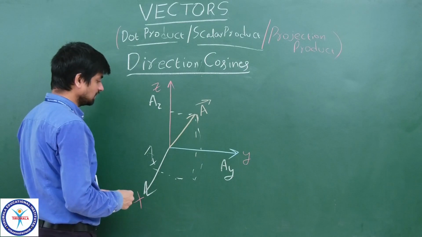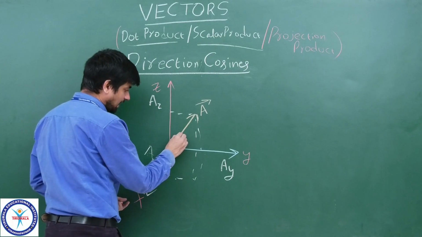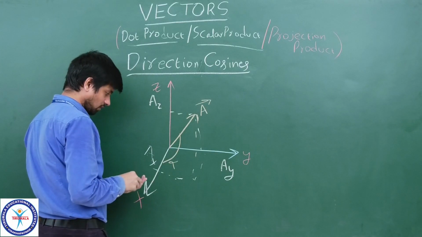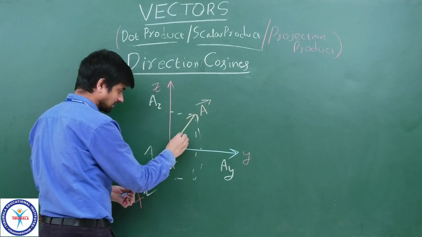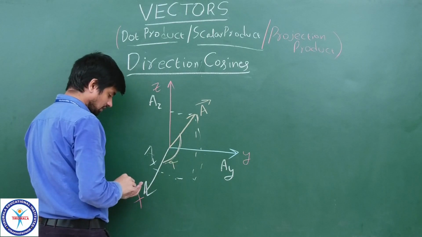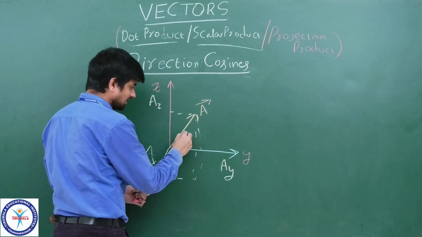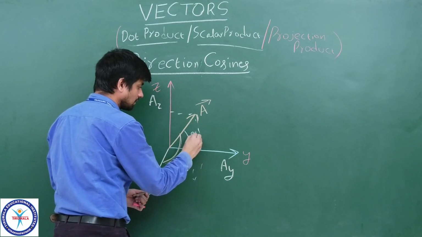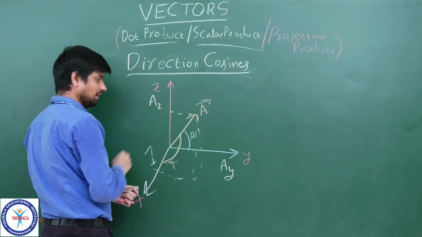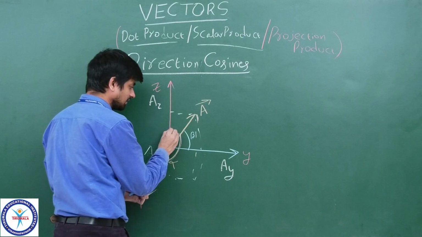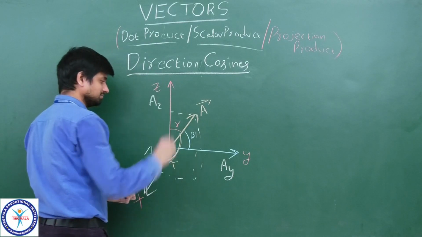So consider along the x axis, that is alpha. Along the y axis, that is beta. Along the z axis, that is gamma.